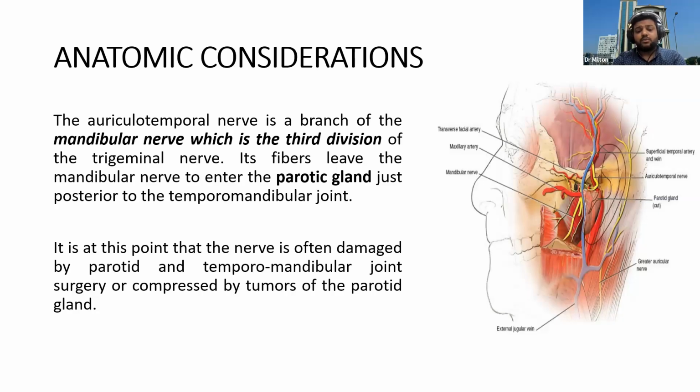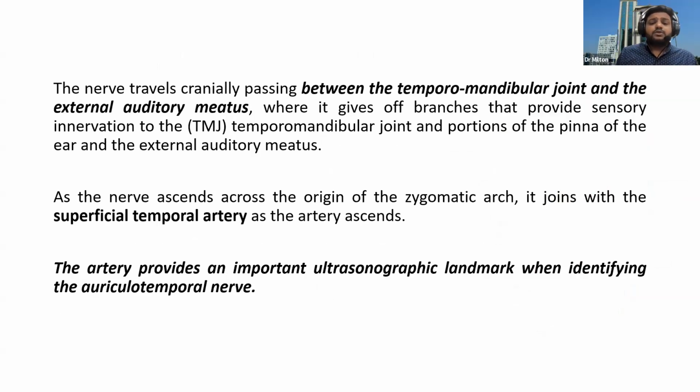When you hold your probe just posterior to this area, you can see very nicely the arterial pulsation, and corresponding with the arterial pulsation, that is the auriculotemporal nerve. Here the nerve travels cranially and passes between the temporomandibular joint and the external auditory meatus.